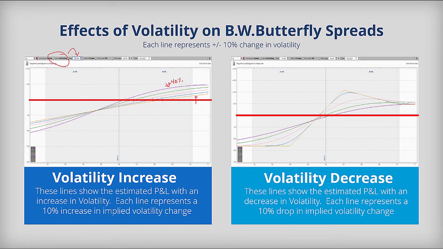This one down here is going to be at 0 if there's no change of volatility at all. So you can see that a volatility increase is going to help this trade. It's going to move this up at 107. It's going to raise this up to maybe an extra $100 on the trade if we want to get out of it earlier.